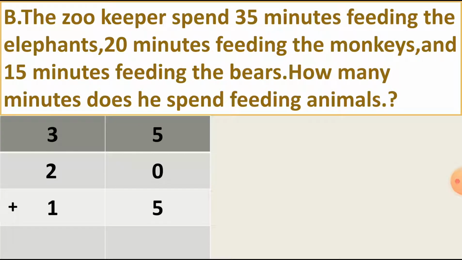So we have to find the 3 numerical values, which are 35, then 20, and here is 15.